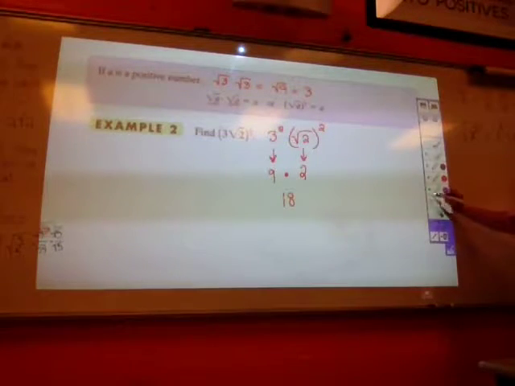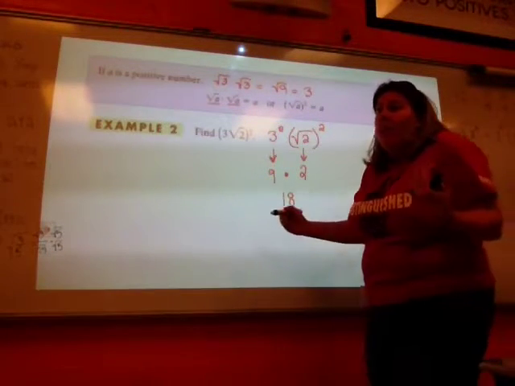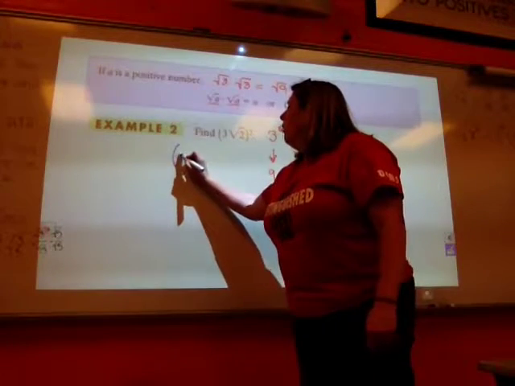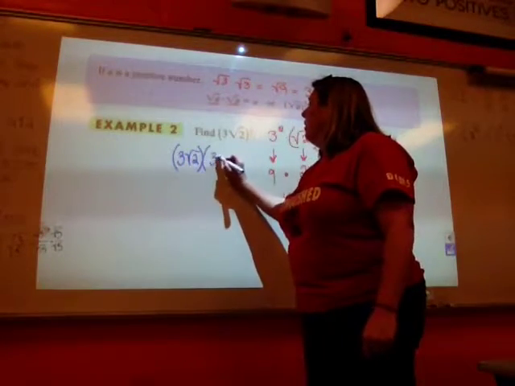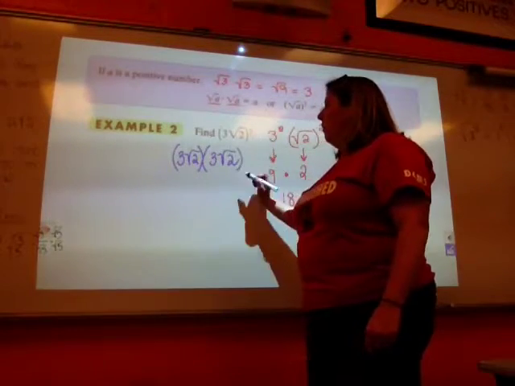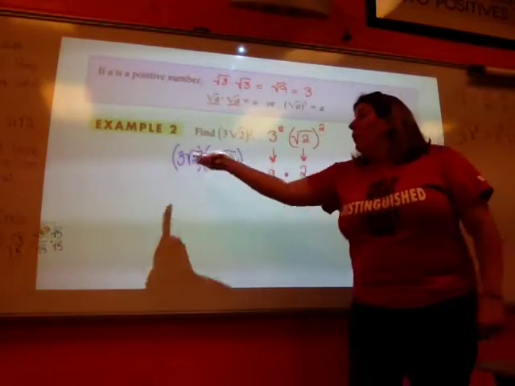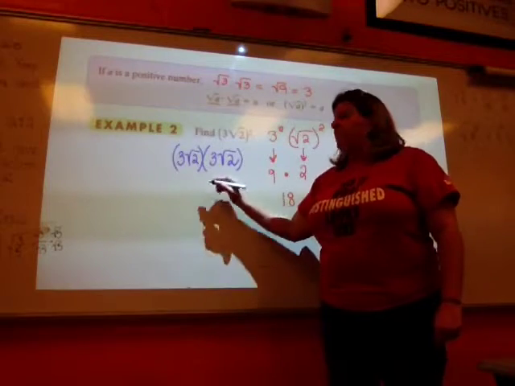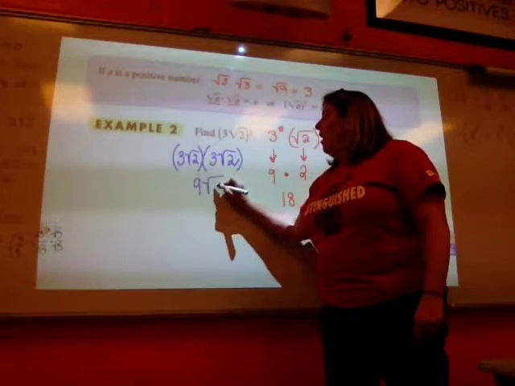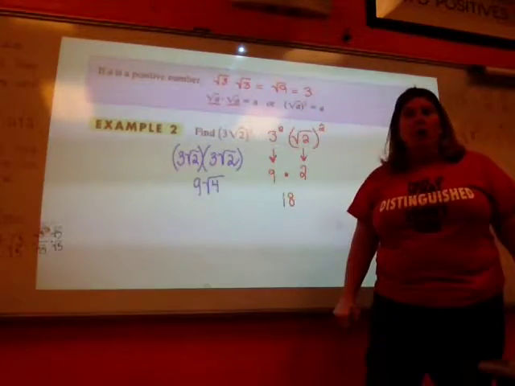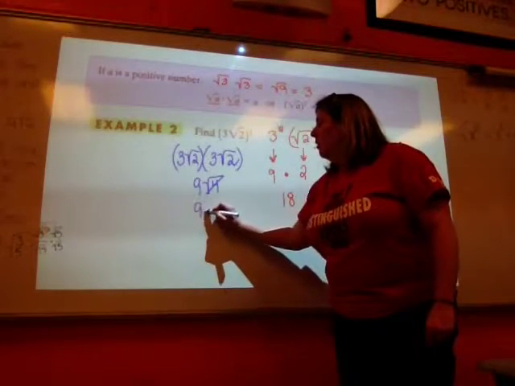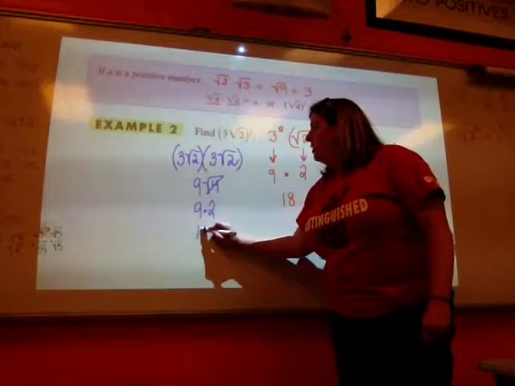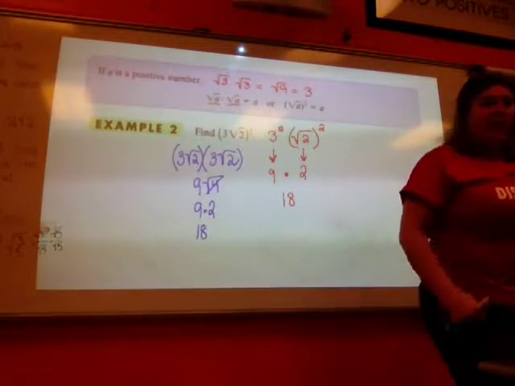Or, I suggest, you go, okay, that means 3 square roots of 2 times 3 square roots of 2. And then you go, okay, 3 times 3 is how much? 9 square roots of 4. 4 becomes a 2, which still gets me 18.